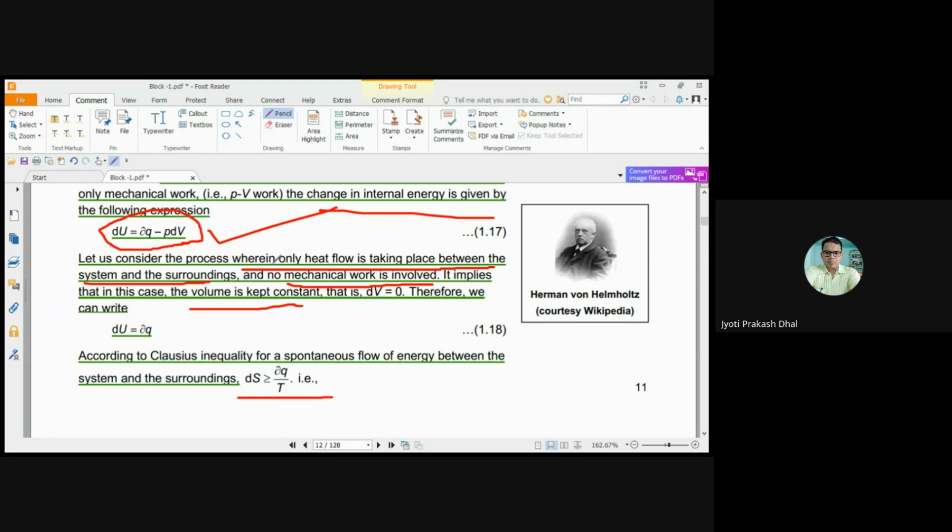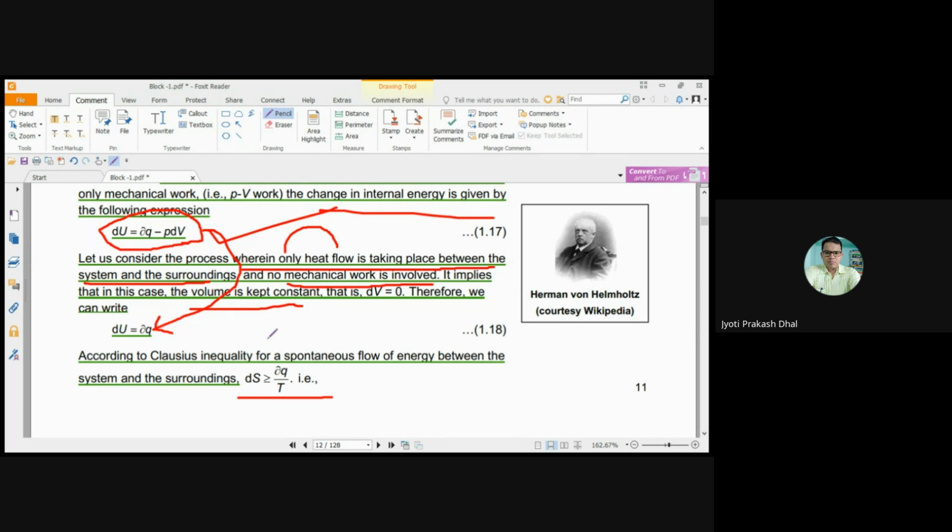So we will discuss only the flow of heat between the system and surroundings. If the volume of the system is kept constant, that is dV equals 0, the first law of thermodynamics can be written as dU equals delta q.